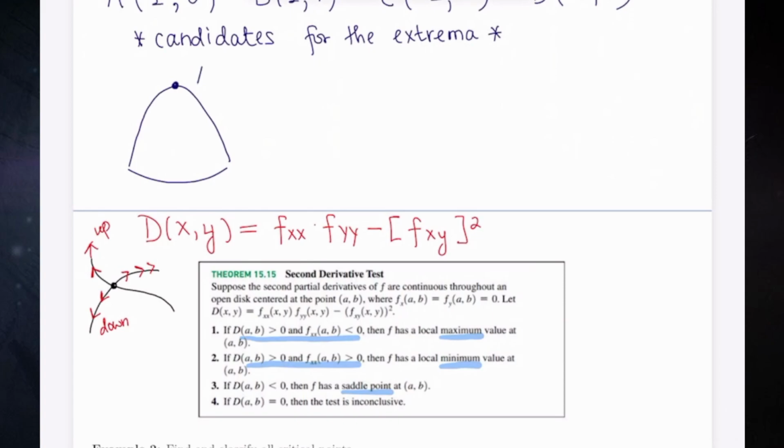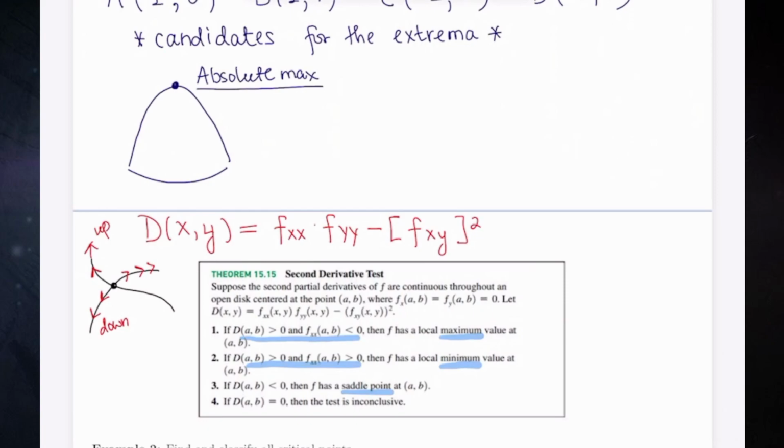So here's your absolute maximum. Okay, so when you're at the absolute maximum point, no matter which direction you go, we're going to be going down, right? We're going to be decreasing. The value of the function is decreasing. All right, so that's the difference between absolute max and min and then saddle point. So that's what a saddle point looks like.